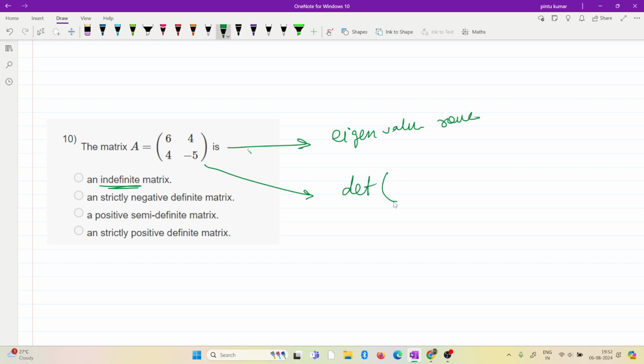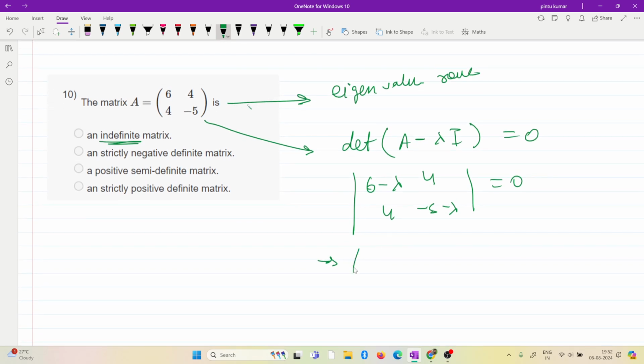Again, I could have taken another route, but I'm taking this so that I can do one more example of finding eigenvalues. This would mean (6 minus lambda)(4, 4, 5 minus lambda) is equal to 0. This would mean 6 minus lambda. Let's take this minus sign outside. This is 5 plus lambda minus 16 is equal to 0.